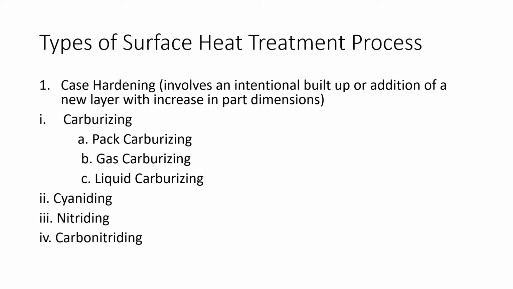Types of heat treatment processes. There are about 7 types of heat treatment processes. The first one is case hardening. Case hardening involves an intentional build up or addition of a new layer with increase in part dimensions.